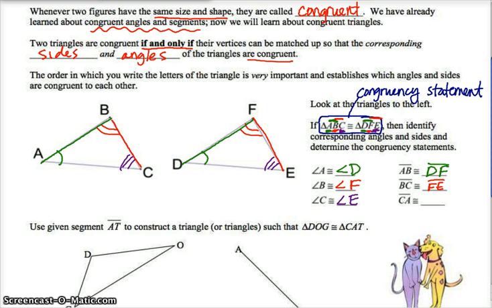And then finally, side AC, first and last letter, must be congruent to side DE. So again, how am I getting this? I'm getting this by the order of the letters in the statement. Don't necessarily go by the way it looks or go by alphabetical. It's the order of the letters in the congruency statement.